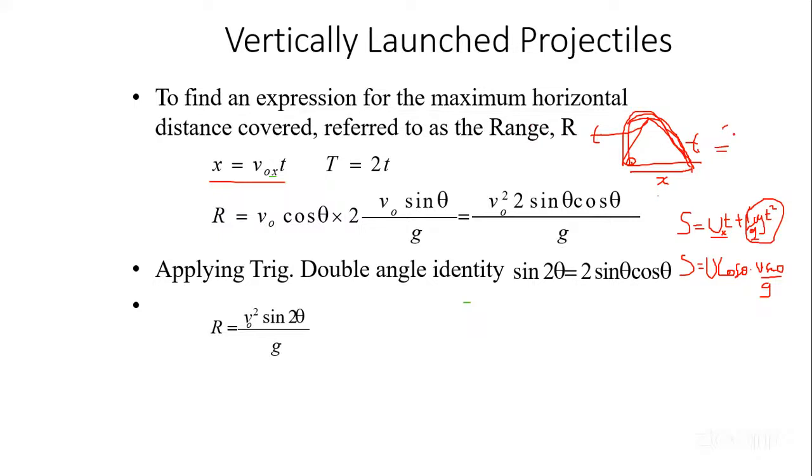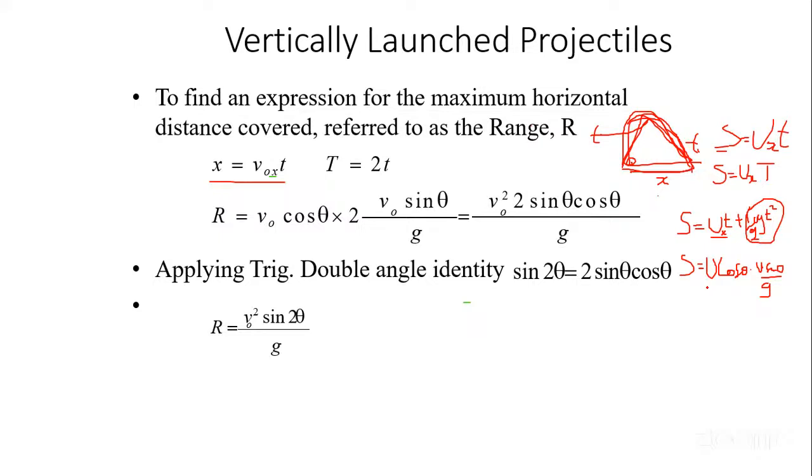Instead of x is equal to ux t, the t should be the time of flight, because you have to consider that the object moved up and then came down. This is the entire duration you are looking at.